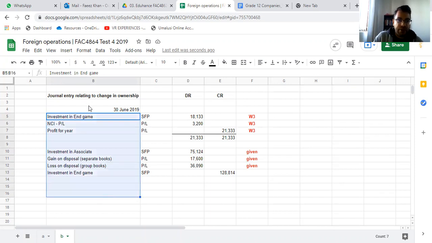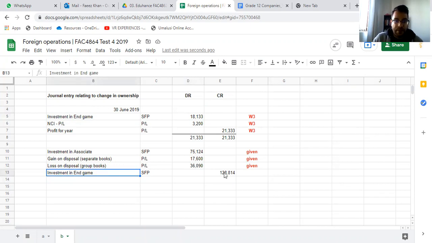Here you can see I have an Endgame debit and an Endgame credit. I'm going to do some more, and then I'm going to have some more Endgames. They would have one line item called investment in Endgame, which will be that minus that, so you get a net figure, but they will have all of these other line items all in the journal entry. So just take note of that.